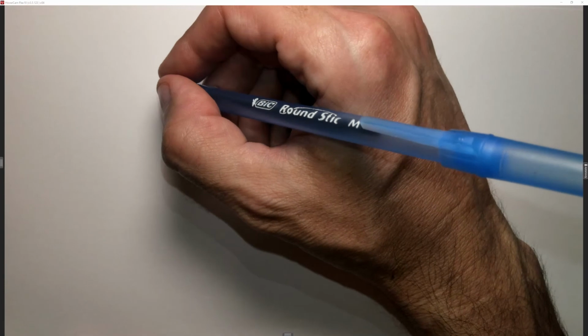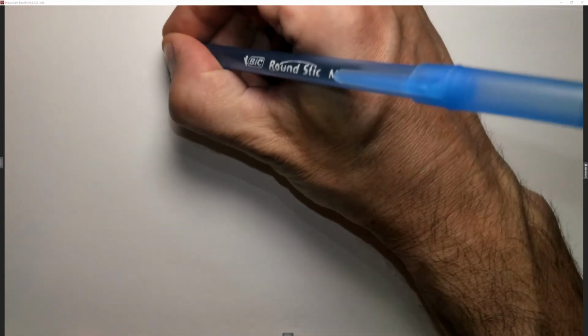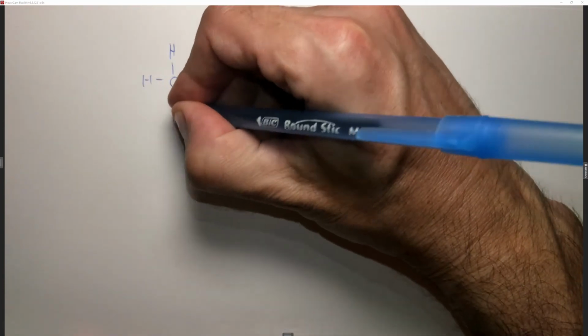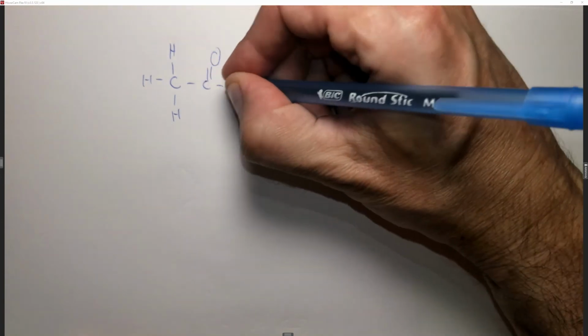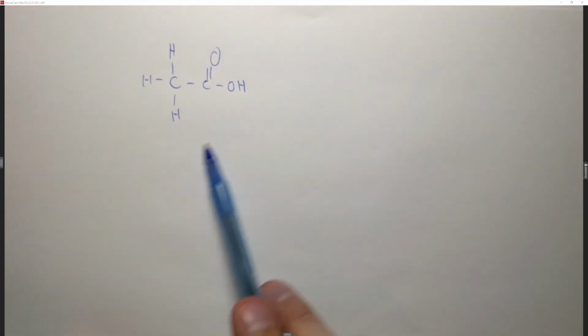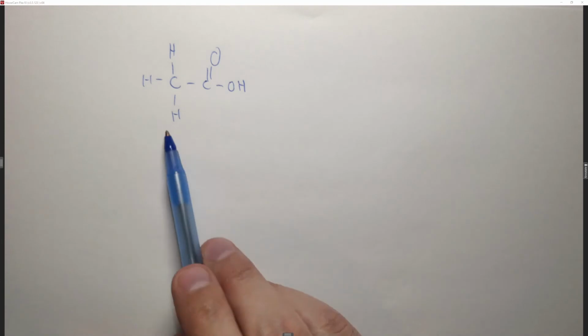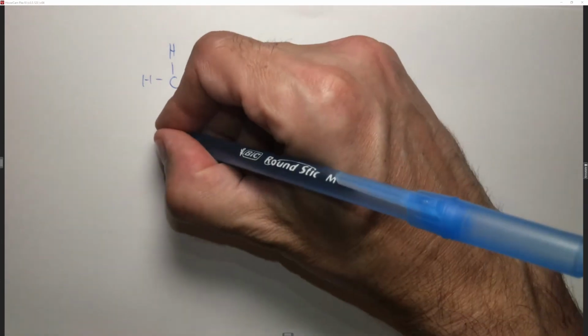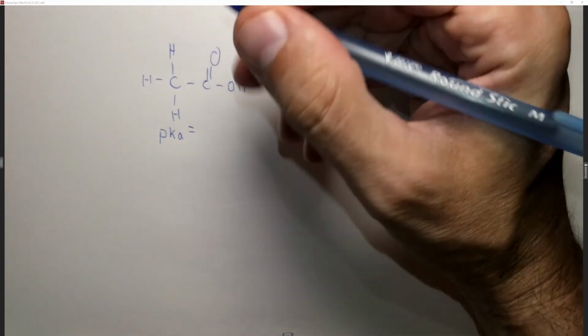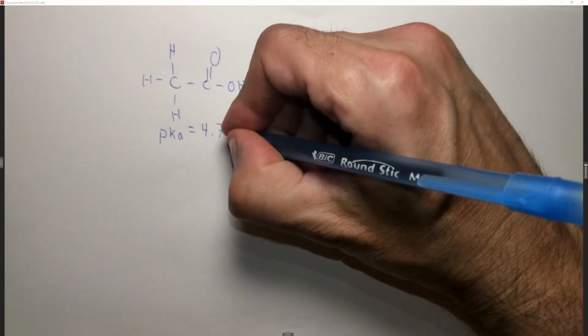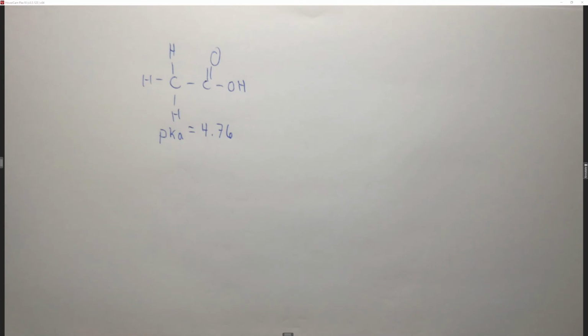Actually, we're going to take a couple of different examples, but we're going to use as our base molecule CHHH, C double bond O, single bond OH. So this is just a different way of drawing acetic acid. So instead of writing this as CH3, I just drew out the 3 hydrogens. And here, the pKa is equal to 4.76, as we discussed a few minutes ago.